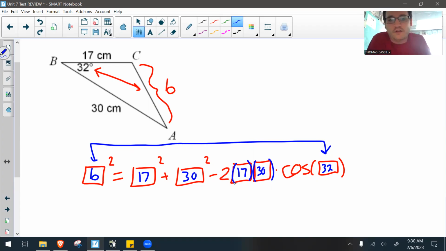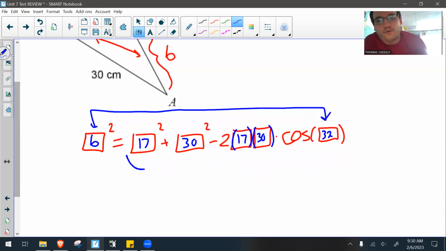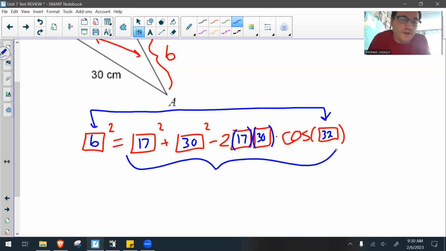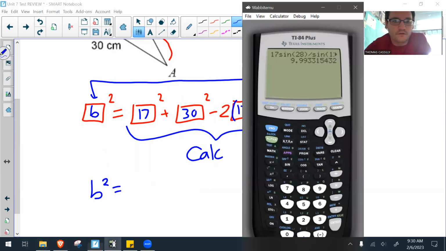That's our setup. Now, luckily with this one, everything that we have is on one side of the equation. These are all just numbers. There are no variables on the right-hand side of the equation. So we can just type this all straight into our calculator to spit out an answer. So what we're going to have is b squared equals, let's go back to the calculator.